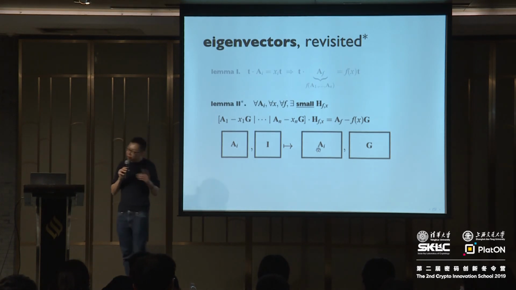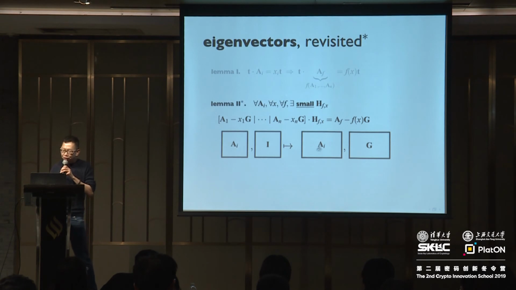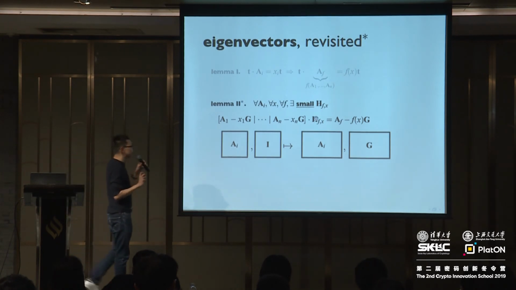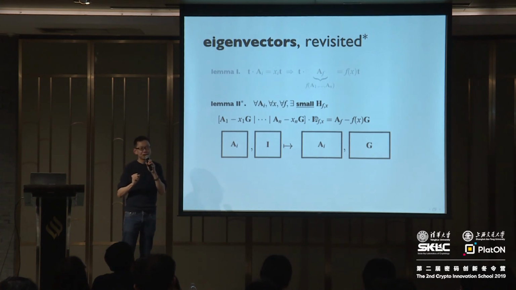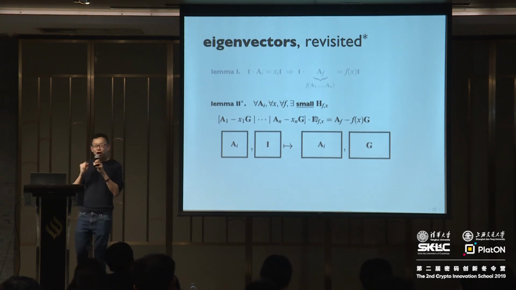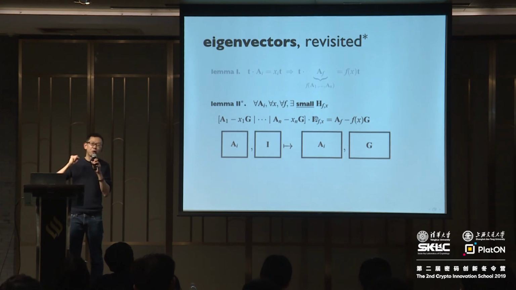And the difference from before is that instead of just guaranteeing that there exists some matrix H, I'm going to claim a stronger statement. I'm going to claim that there exists a matrix H with small entries. Not just any H, but H with small entries. Now, why is it useful to have H with small entries? Because we know that small things are useful.